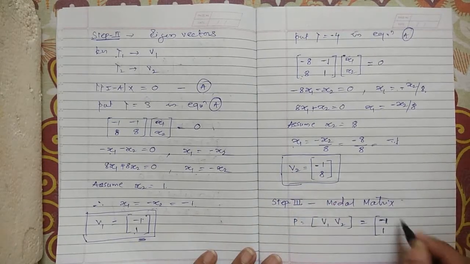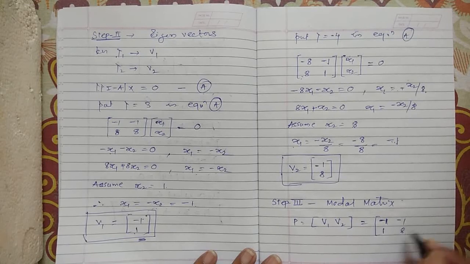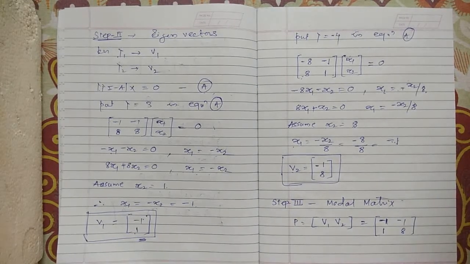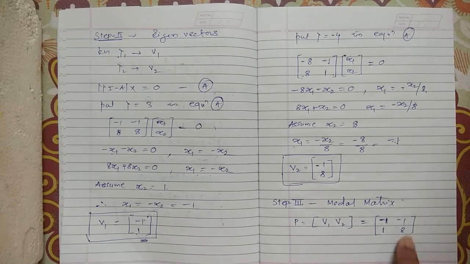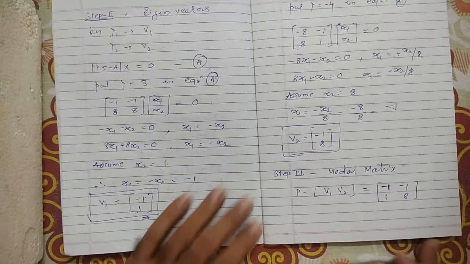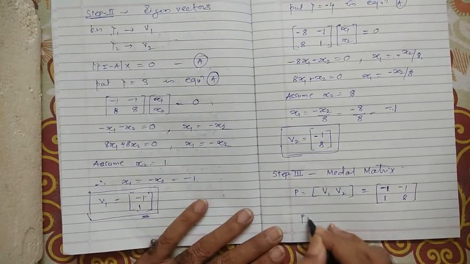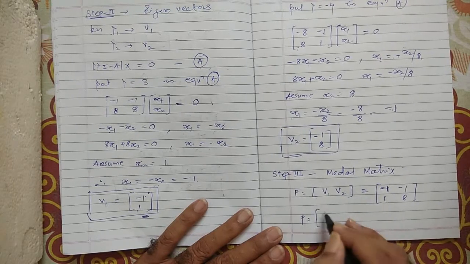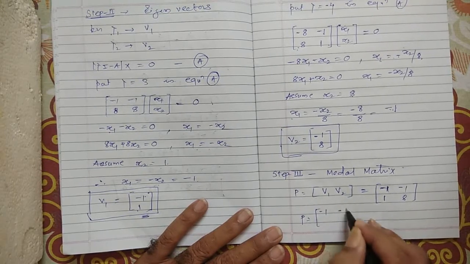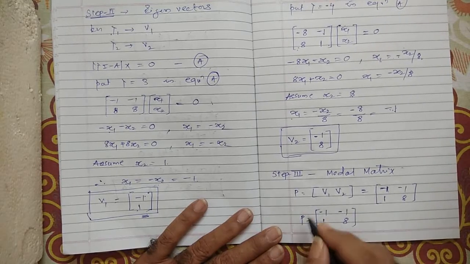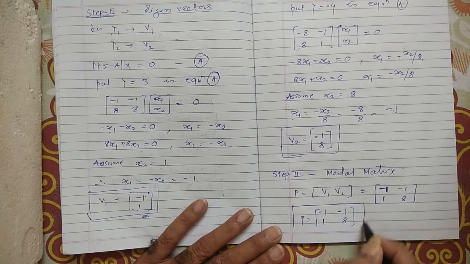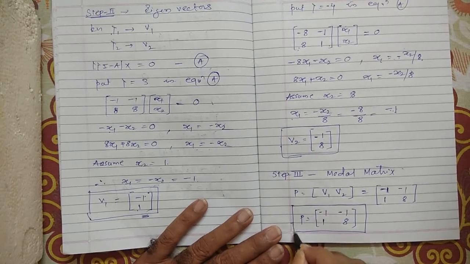And what is V2? Minus 1 and 8. So I have P equals minus 1, minus 1, 1 and 8. So this is my P matrix, or we call it the modal matrix.